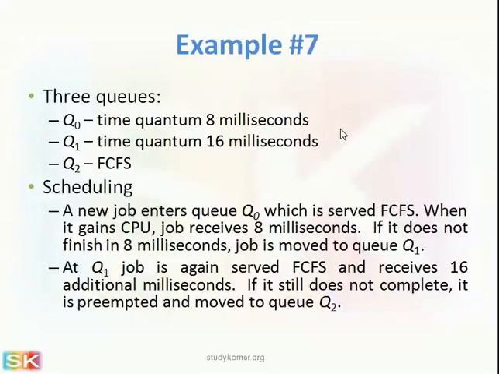So within a queue, we are executing the processes in the FCFS manner, and a process will be executed for 16 milliseconds in Q1, and then it will be moved to Q2 if still some time is required to execute further, right? And in Q2 there is no limit on the time quantum.